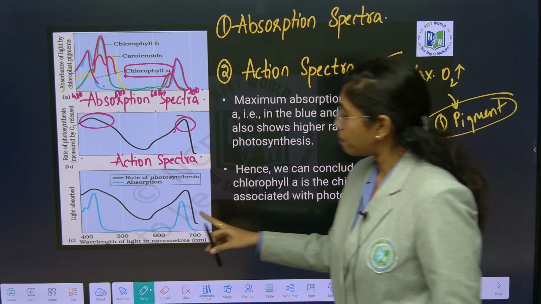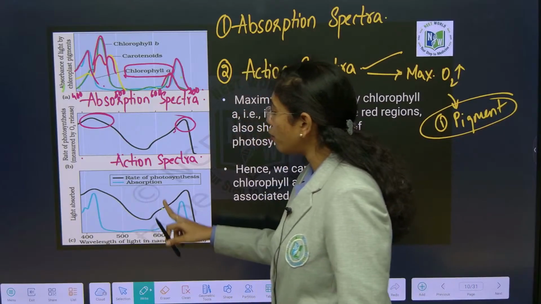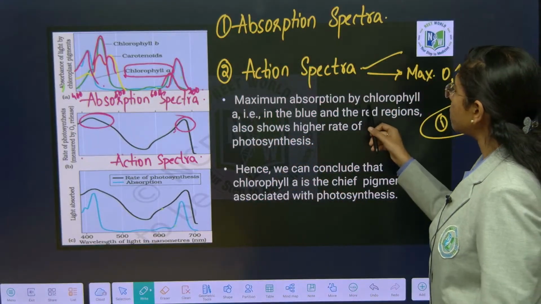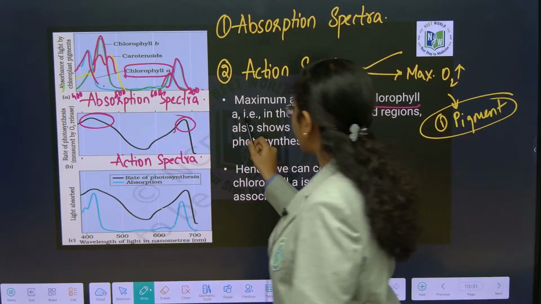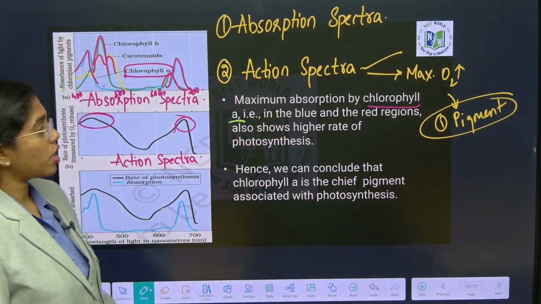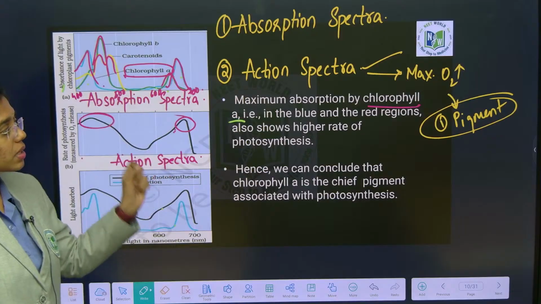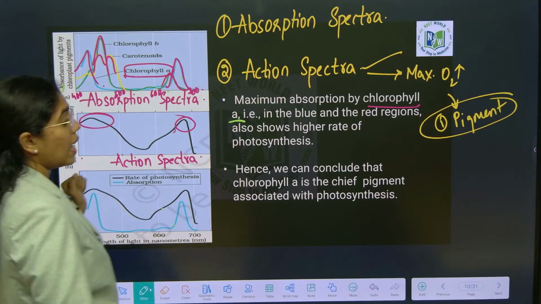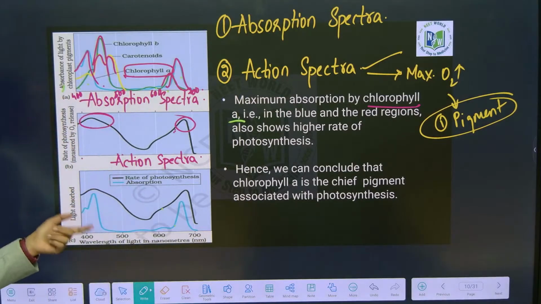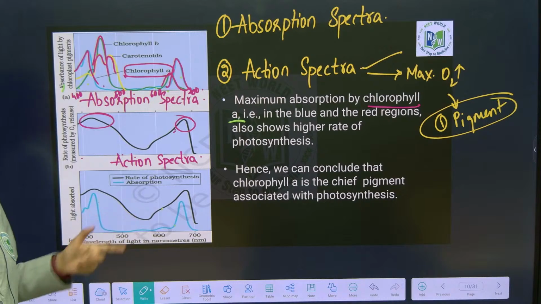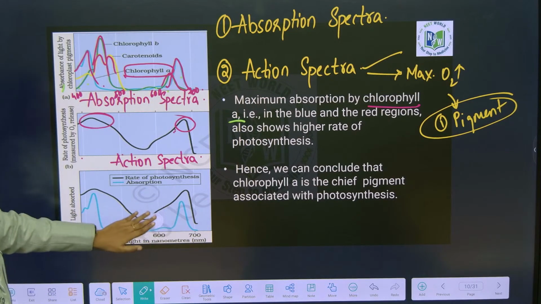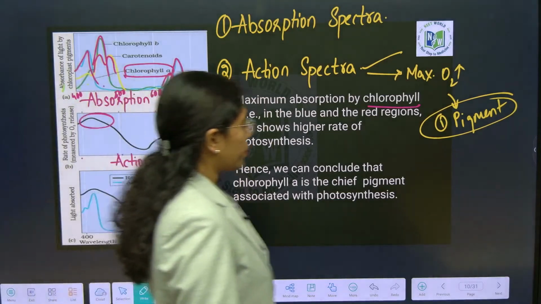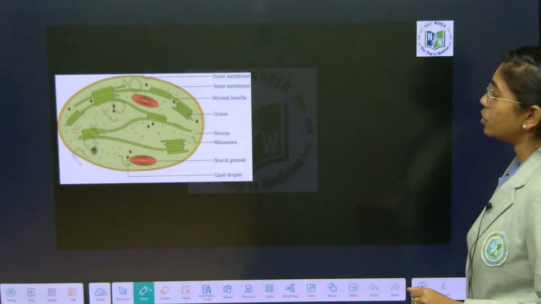Both absorption spectra and action spectra of chlorophyll A resemble each other. Maximum absorption by chlorophyll A is in both the blue and red regions, with a higher rate of photosynthesis. Hence we can conclude that chlorophyll A is the chief pigment associated with photosynthesis, and chlorophyll A absorption spectra will coincide with that of action spectra. That is a major statement to be highlighted.